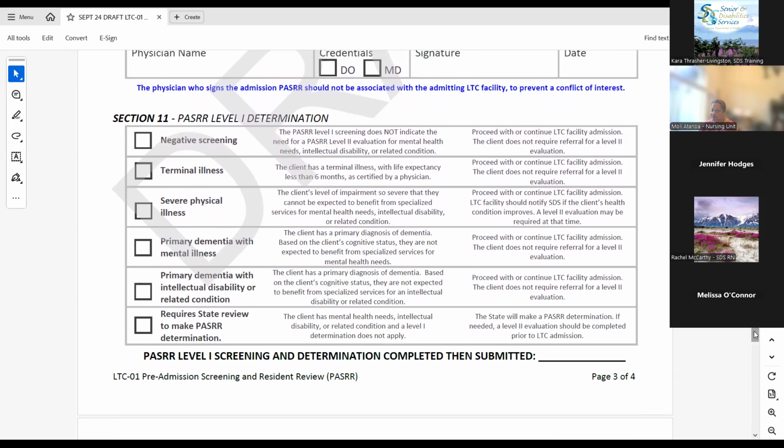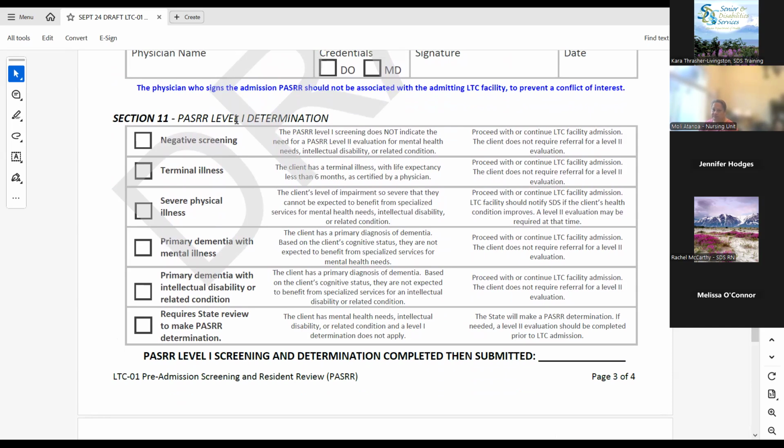The determination may be negative or that there is a terminal illness. So the form is built to provide all of that guidance to help you complete the form or help lead you to that determination.